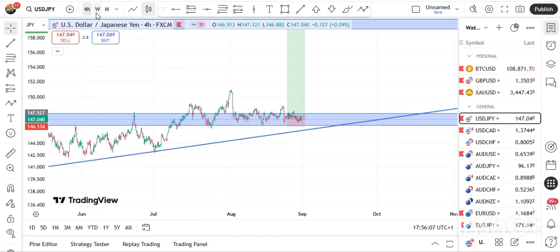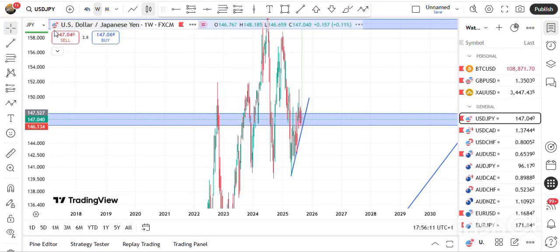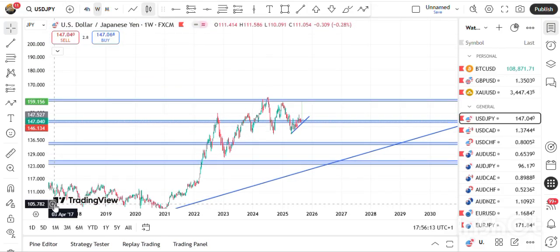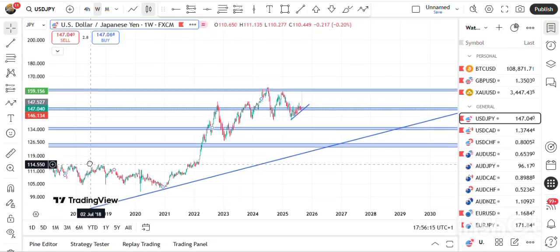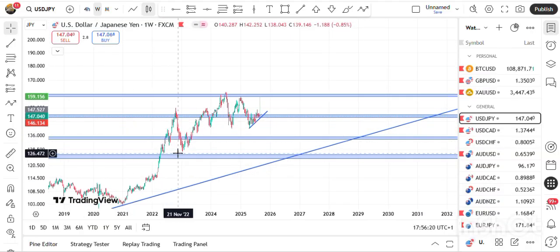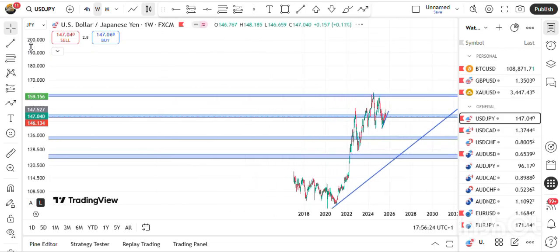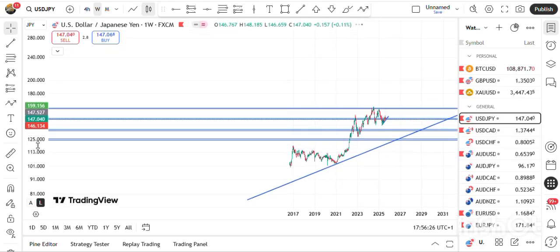Alright, if you look at the weekly time frame, like I said, I've already mapped all of this out. I just need to watch the price play out for me. I've already mapped all of the levels out on all the pairs I identified.